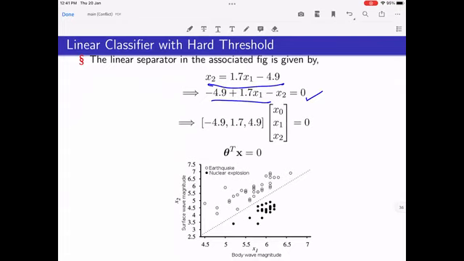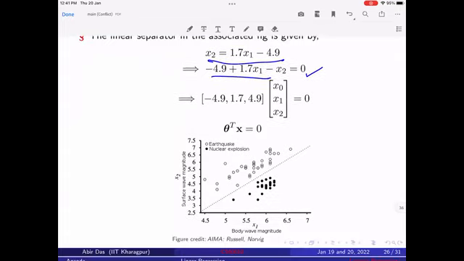This can also be written as the inner product between two vectors, with the theta vector being negative 4.9, 1.7, and minus 1. Did I do something wrong? Yes, I think this is a typo. This should be minus 1. I'll correct it. So that I remember, let me just change it to a red color.